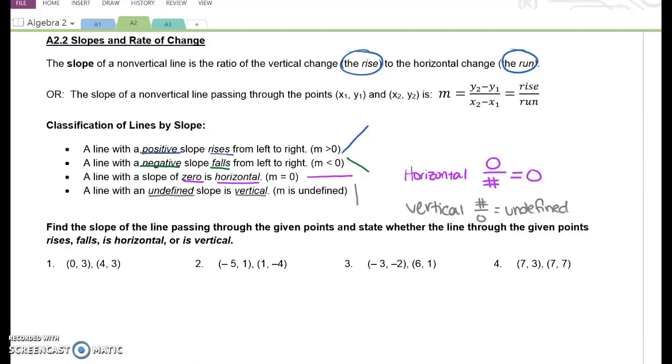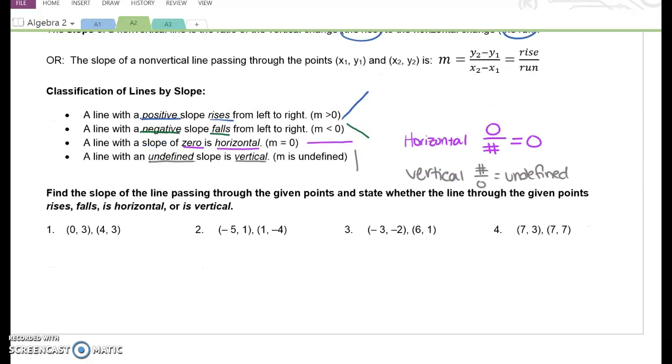Okay, our examples. We are going to find the slope of the line passing through the given points and then decide if that line rises, falls, is horizontal, or is vertical. So in this first example, I need to subtract my y values. So I'm going to do 3 minus 3. On the bottom, I need to subtract my x values, 4 minus 0.